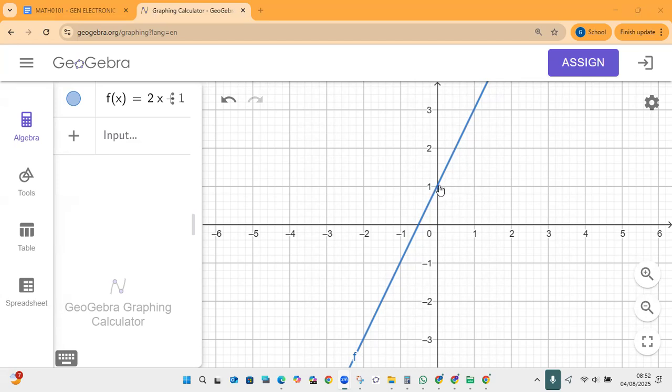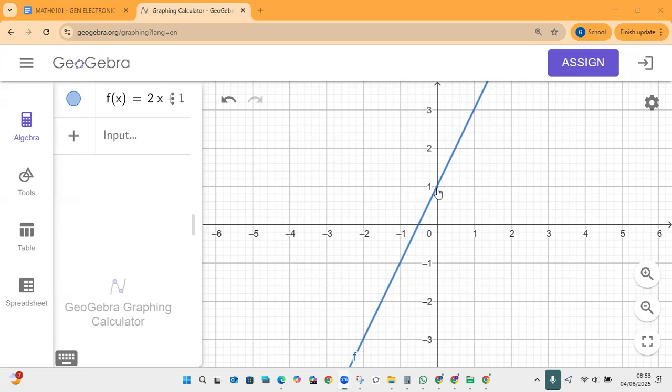Now, from 0 to 1, and it appears that the y value increased by 2. So anytime the x solution increased by 1, the y value increased by 2. So the gradient is 2. And here it is. The gradient is 2.